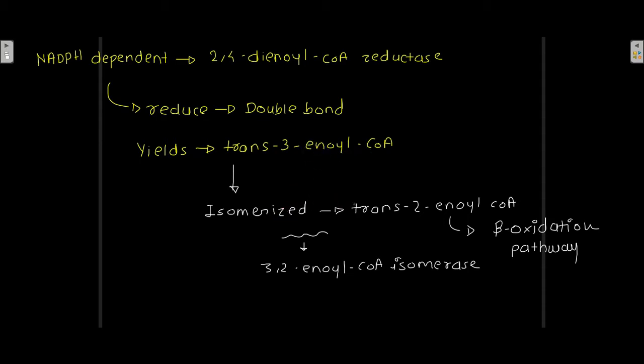The trans 3-enoyl coenzyme A is then isomerized into trans 2-enoyl coenzyme A by this enzyme 3,2-enoyl coenzyme A isomerase, and then this trans 2-enoyl coenzyme A continues in the beta oxidation pathway.